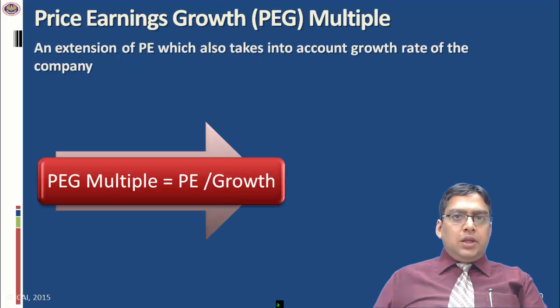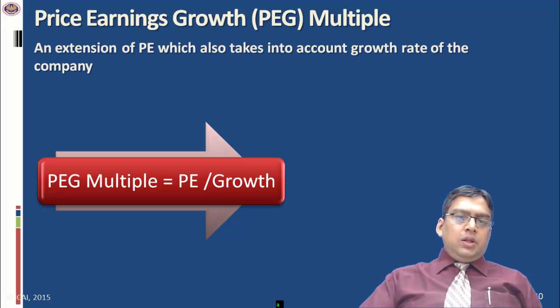And last one is price earning growth multiple. An extension of price earning which takes into account the growth rate of the company. That means price earning divided by growth. Price earning growth multiple equals price earning divided by growth. Let's take an example and move to Excel sheet.